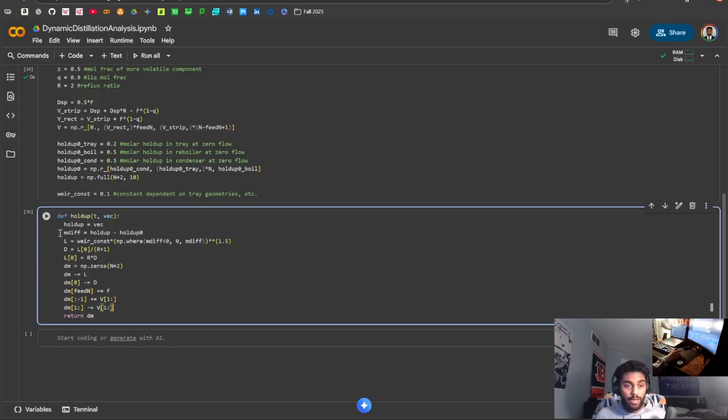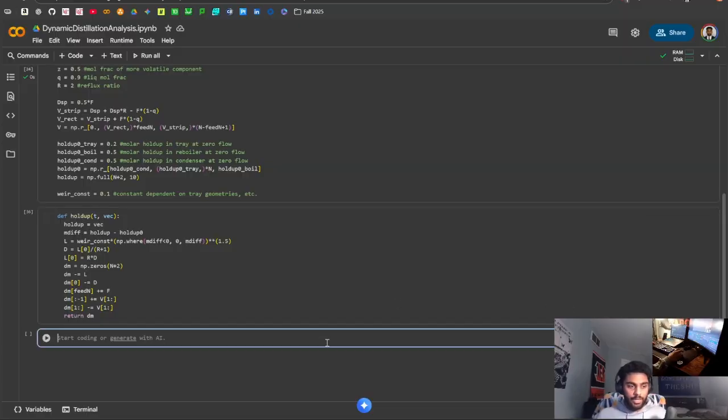We can now use this function with its given inputs to give us a plot of the change in molar holdup over time. That will be the next part. So let's try to get a solution from this.